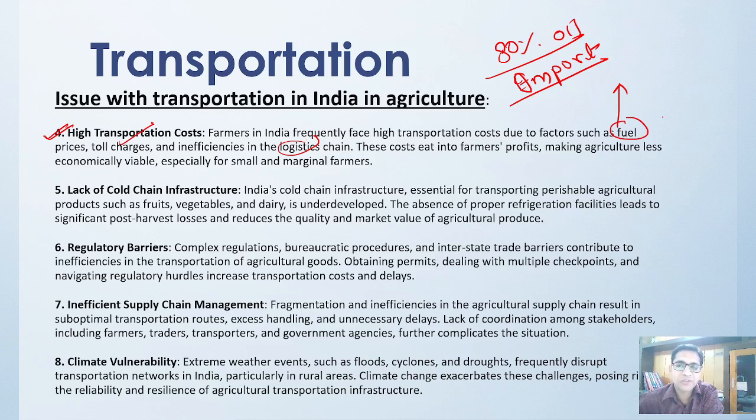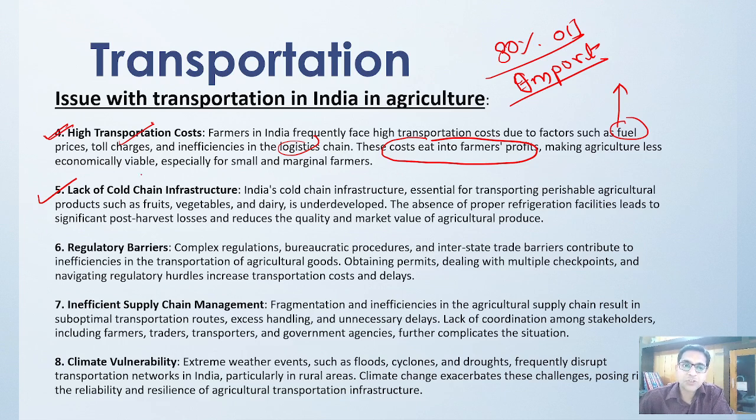Because of this increase in prices, the cost eats the farmer's profit, and it makes agriculture economically non-viable. Then there is the lack of cold storage chains. In the last lecture, if you see the storage part, you can see that the government is running a lot of work to improve storages and cold storages at various places.